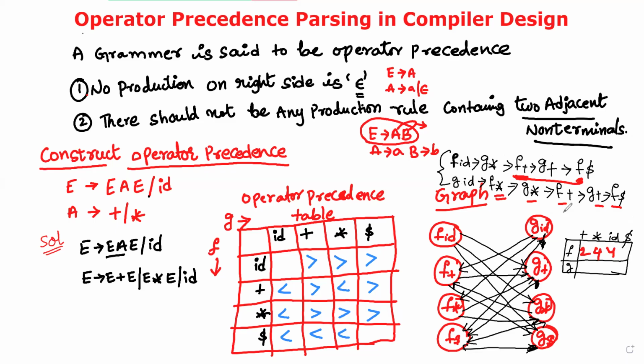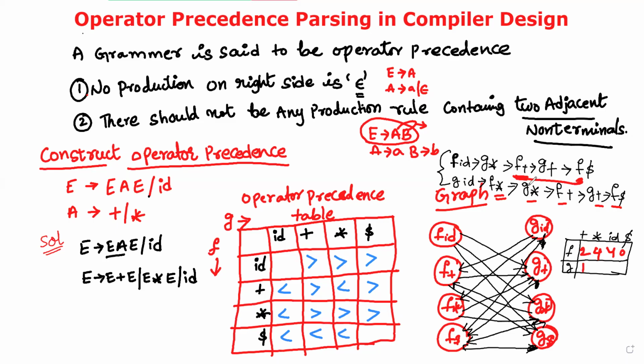Next f dollar. Is there any distance between f dollar to f dollar? No, 0. Next g of id. So g of id means you should take the value of this plus. So g plus to f dollar, the answer could be 1. The distance is 1.